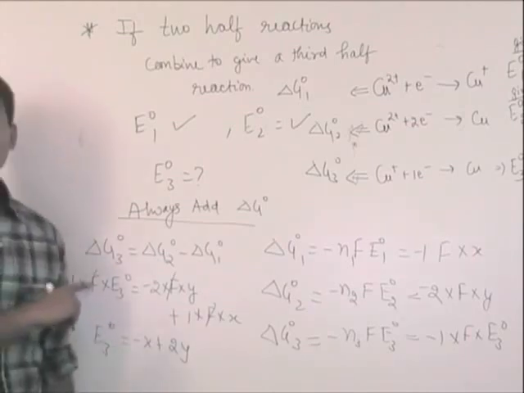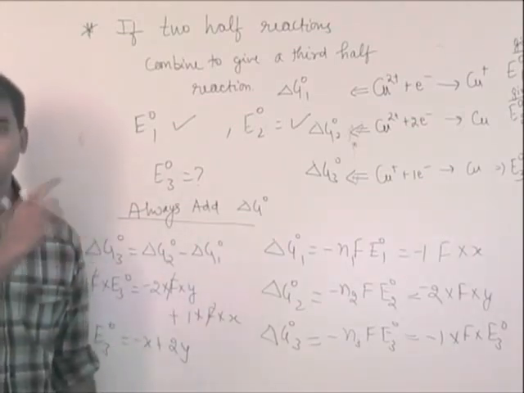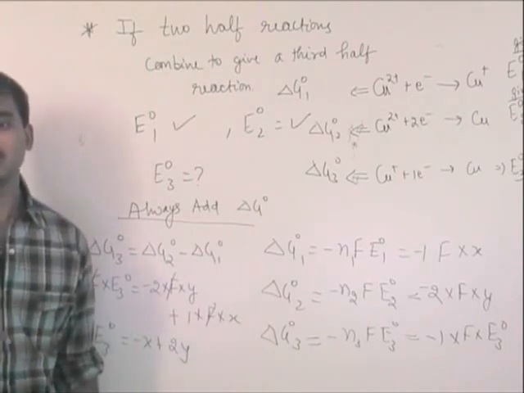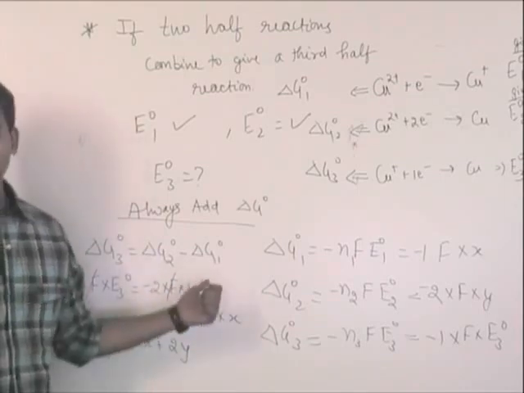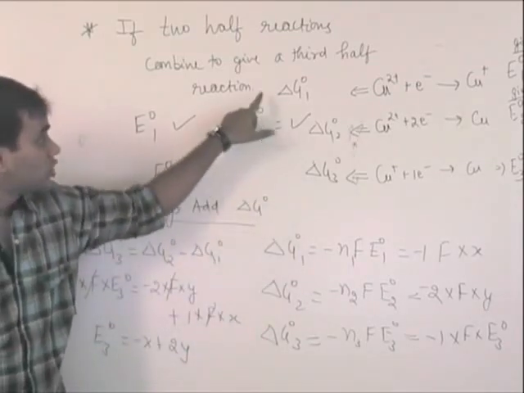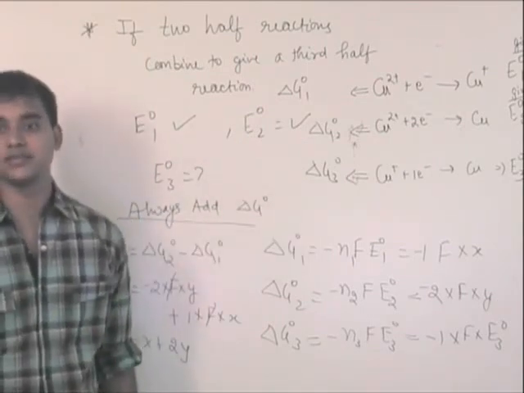See, this is a case which was different from the case which we did earlier. What we did earlier was, they were two half reactions giving a cell reaction. And we never multiplied E naught by 2, right? Remember that case? Now, this case is a different case. In this case, the two half reactions are combining to give a third half reaction and not a cell reaction.